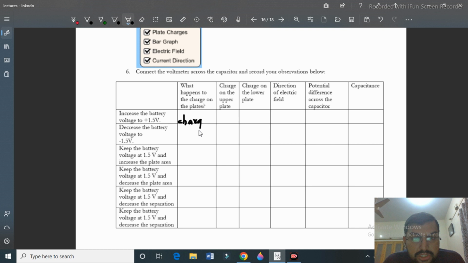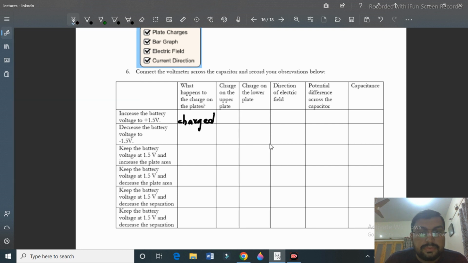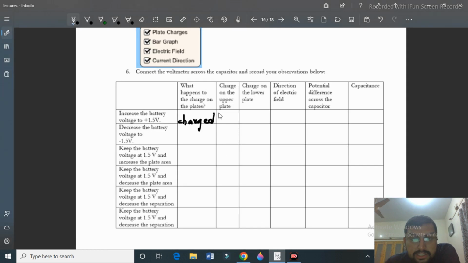Next, the charge on the upper plate is positive, and the next column, the charge on the lower plate, is negative. So we can write it: the charge on the upper plate is positive and the charge on the lower plate is negative.